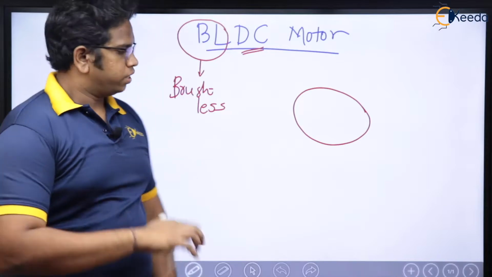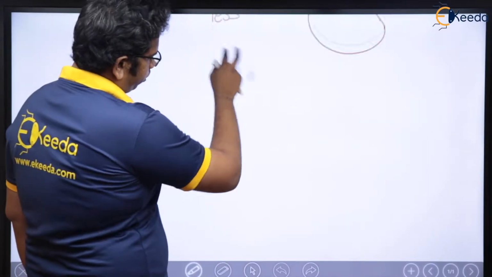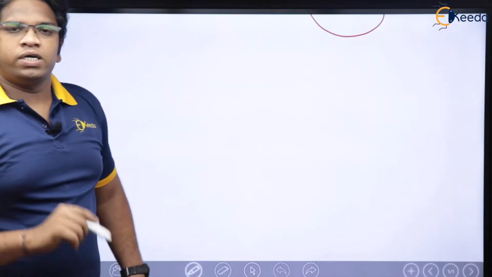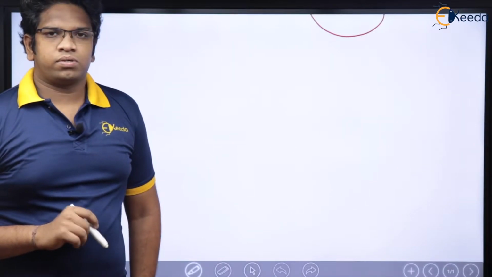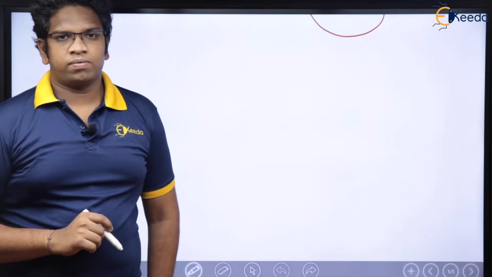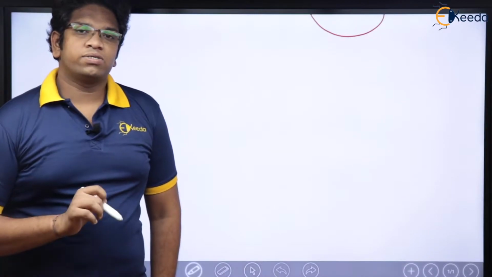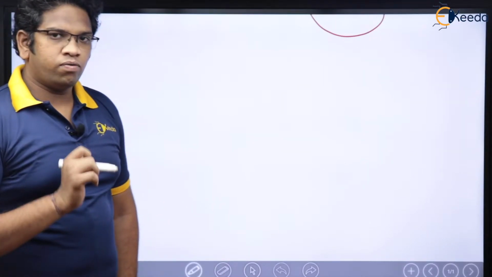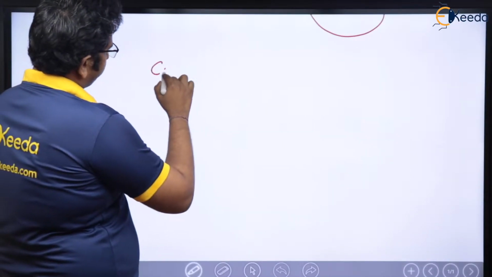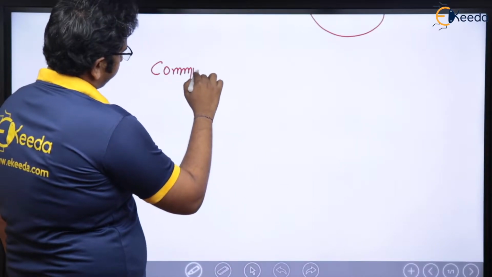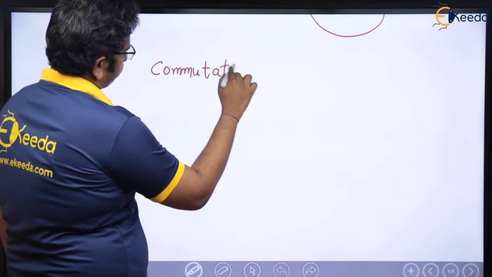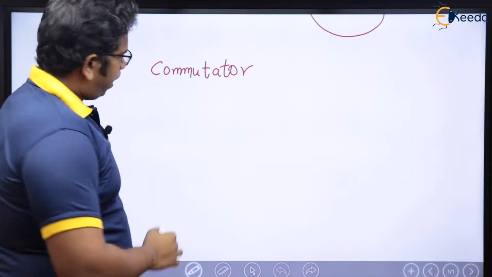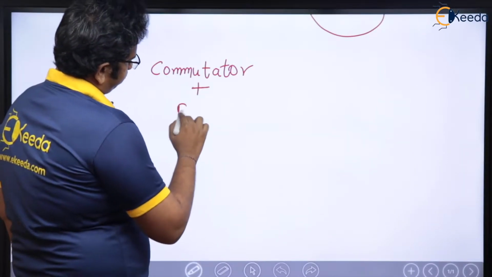How? See here. We have already talked about DC motor applications. In case of DC motor, what is there? We are going to have a commutator and we are going to have brushes.